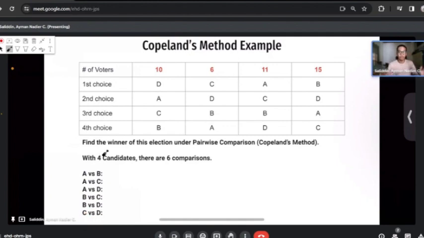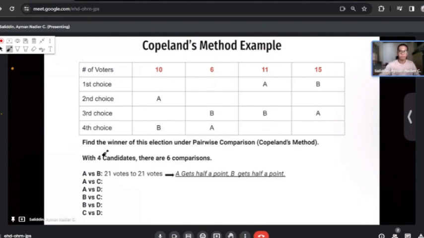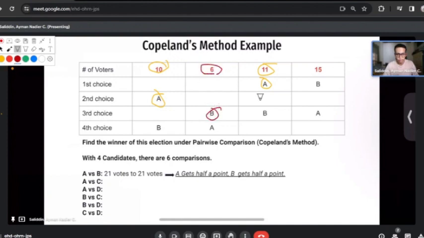Now, personally, when I start comparing, I like to redo the table to make it look neater and easier to read. So, for example, A versus B. We have 10 for A plus 11, and then we have 6 for B plus 15.